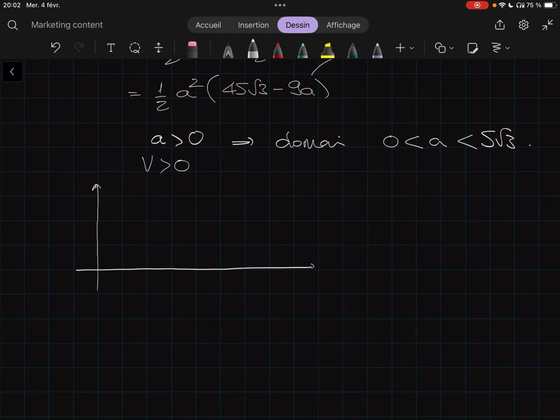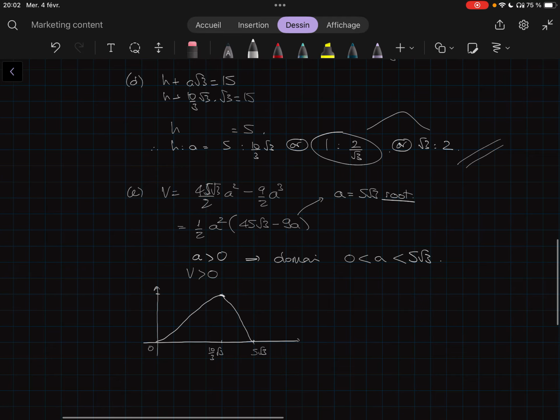So your curve should look something like this. It reaches the maximum at 10 by 3 root 3, the value we found earlier.